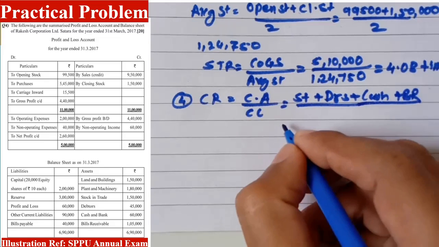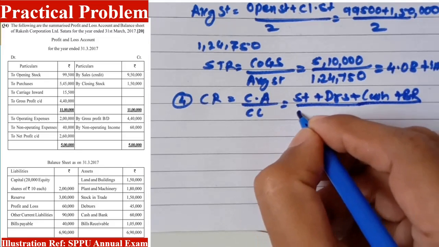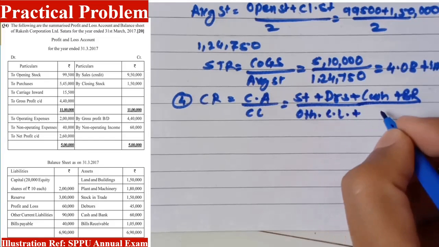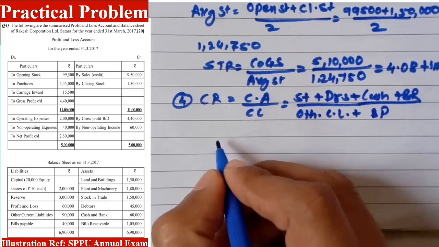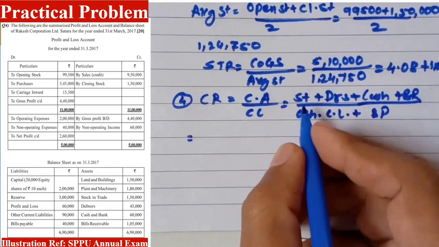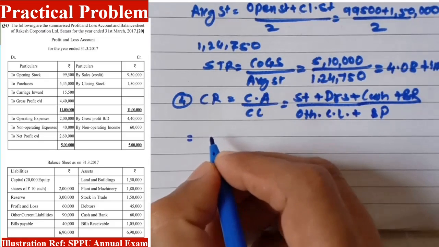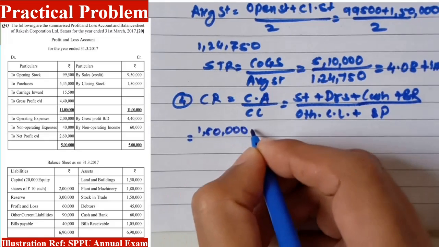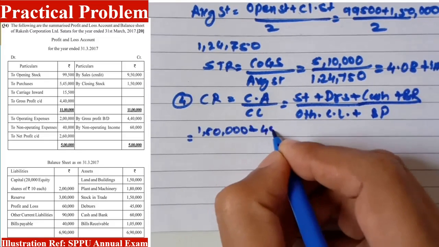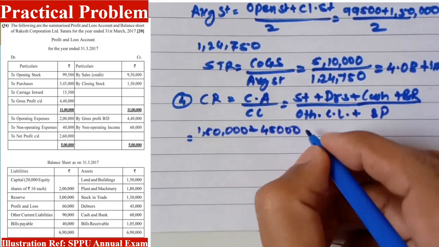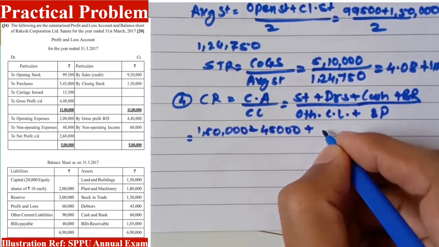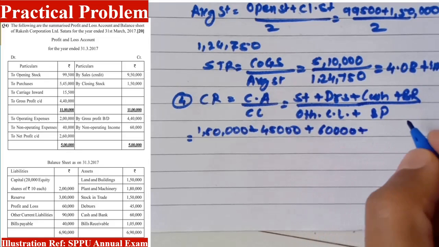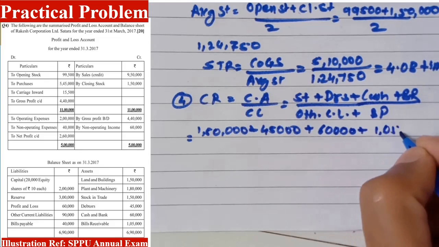Current liabilities, there are two current liabilities, other current liabilities plus bills payable. Now let us write the value for each. Stock is 1,50,000, debtors 45,000, cash 60,000, and bills receivable 1,05,000.